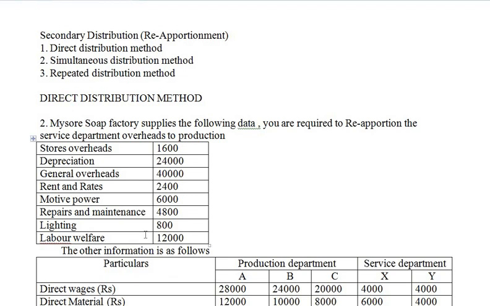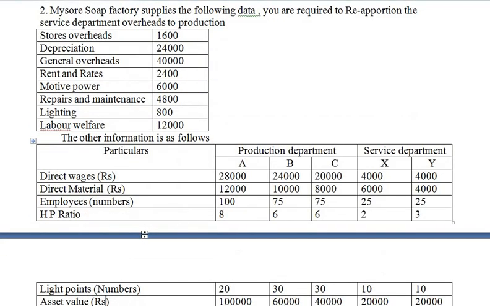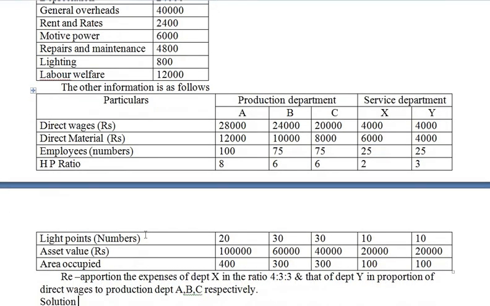Now the other information is as follows. Ratio should be calculated based on this information. Here information is given about direct wages, direct material, the number of employees, HP ratio, light power, number of light points, then asset value, then area occupied.